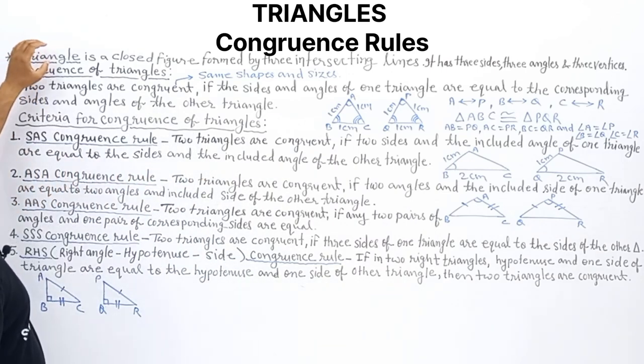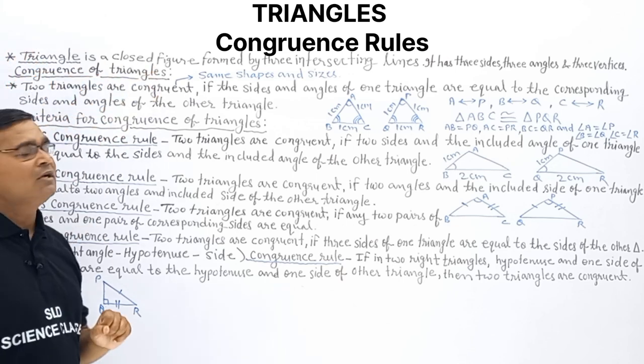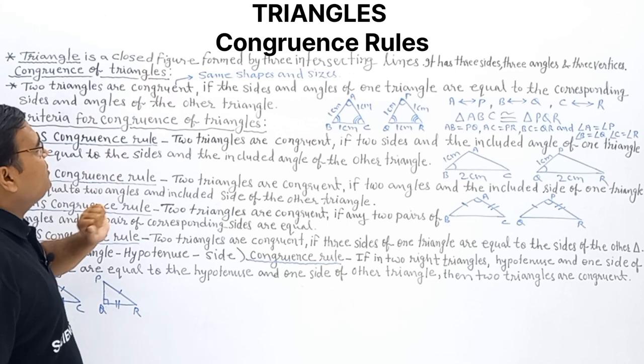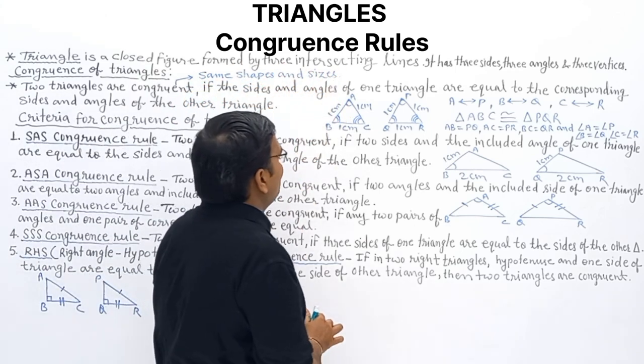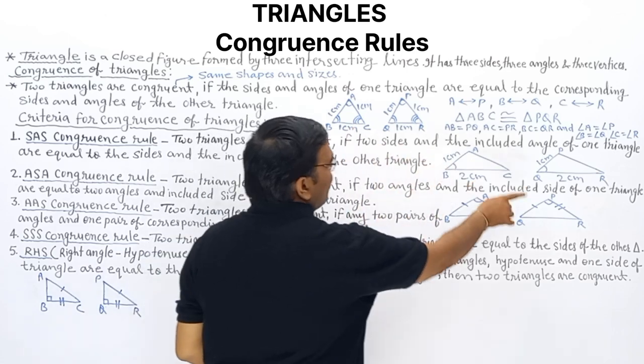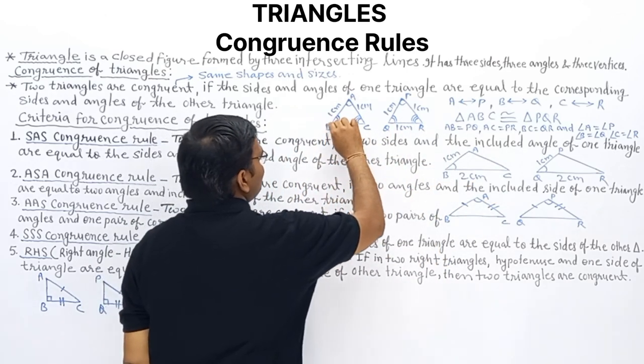Triangles, what? First we should know. A triangle is a closed figure formed by three intersecting lines. Observe, these all are triangles, in which we have three lines.